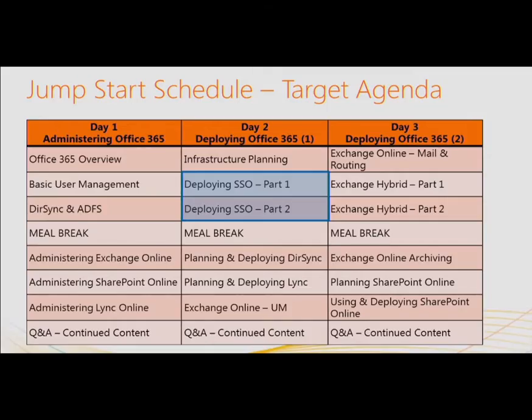I just want to come back to the agenda for a second. It's not just a case that we decided to speak about single sign-on before DirSync. If you are planning to deploy single sign-on inside your organization or inside a customer organization, you should start in the right order. So deploy ADFS and single sign-on before users using DirSync.